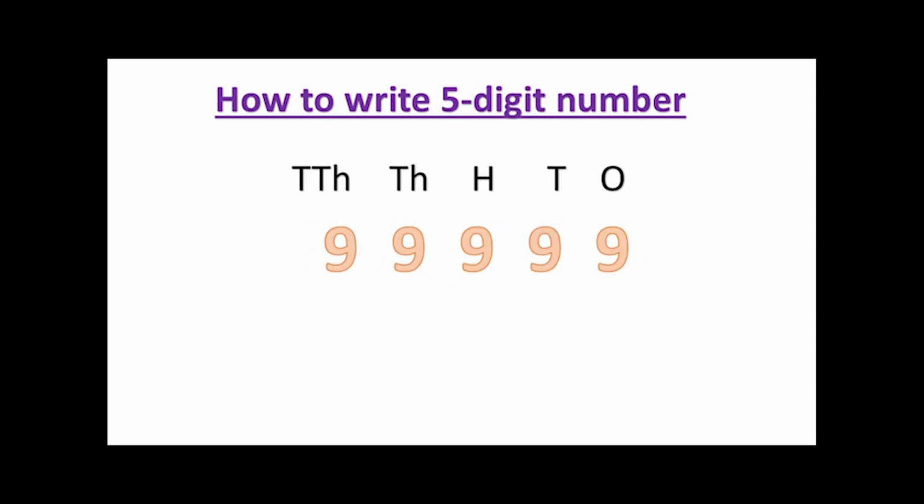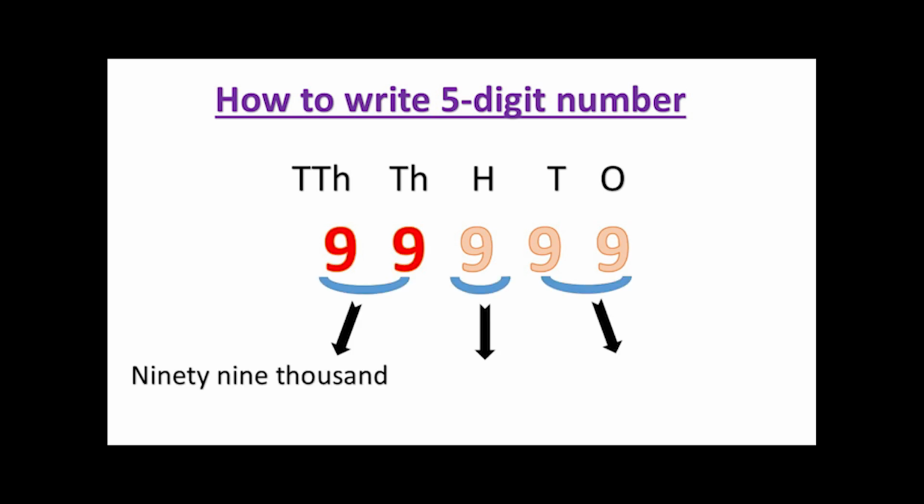Now, how can I name this number? 9, 9, 9, 9, 9. 5 times 9. Here again we divide this number into 3 parts: 2, 1, 2. The first part of the number name will be 99, and it is in the thousands place. So it is 99,000.